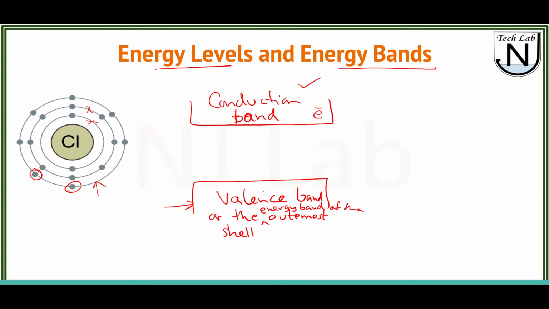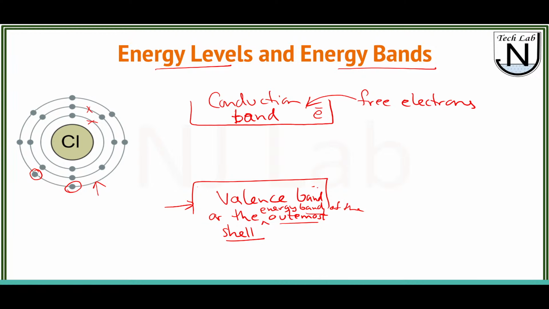The electrons in the valence band, in this outermost shell, may be free or they may not be free, right? If they are free, then it means they will be present over here in the conduction band. So if the electrons are free electrons, then the electrons will easily move to the conduction band, right?